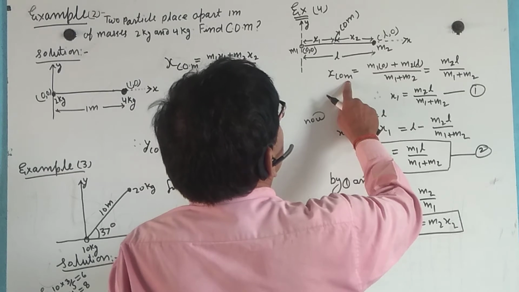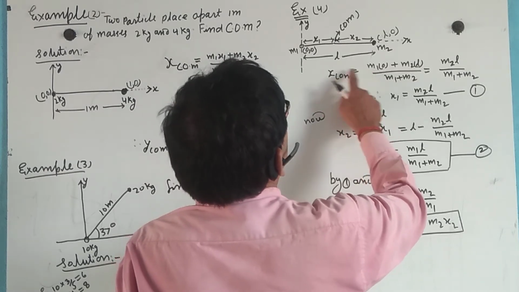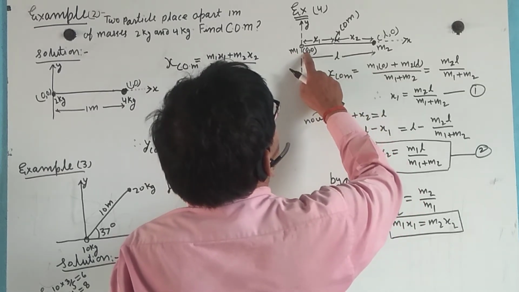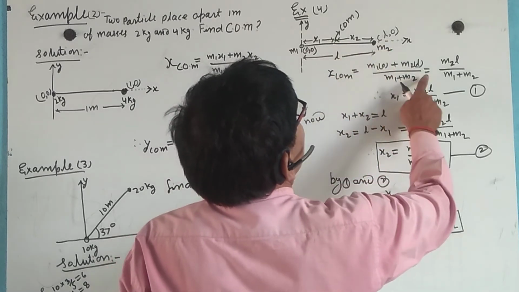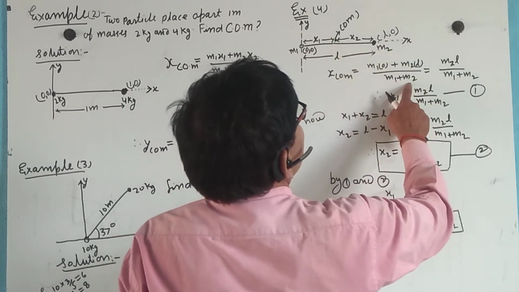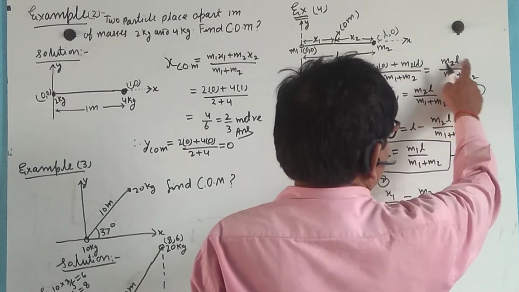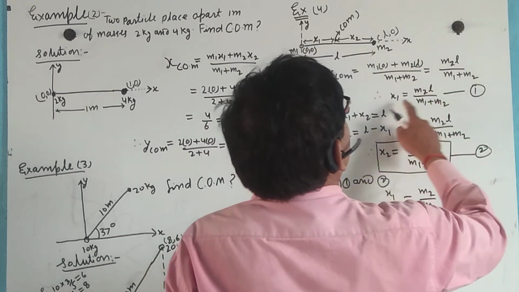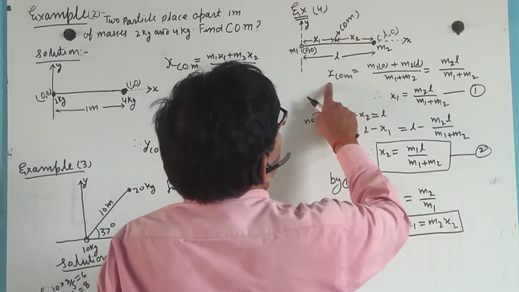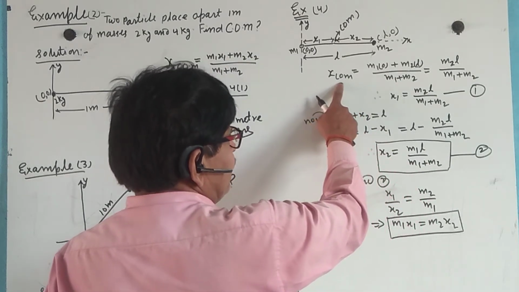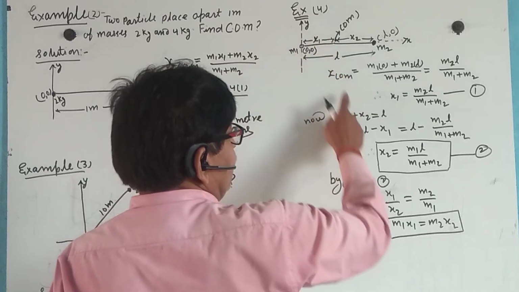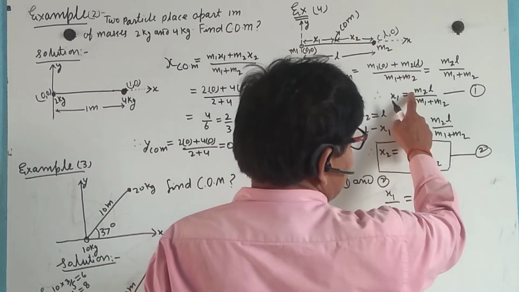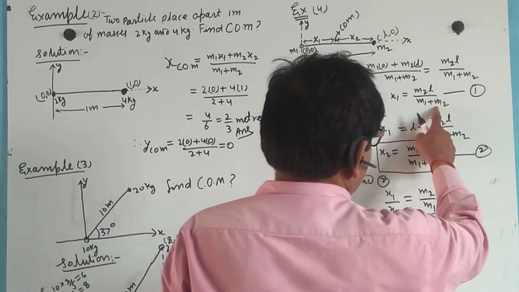The x coordinate of center of mass is equal to M1 into 0 plus M2 L divided by M1 plus M2, that is M2 L by M1 plus M2, and this is x1 here, so that x1 is equal to M2 L by M1 plus M2.